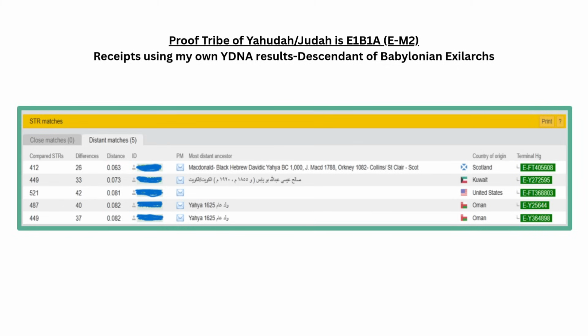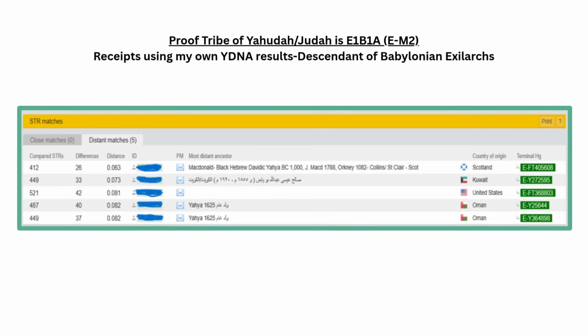But so Yahya and the Kuwaiti matches, these are matches in the quote-unquote Middle East, and there are three matches. They're all tied to descendants of the Babylonian exile.